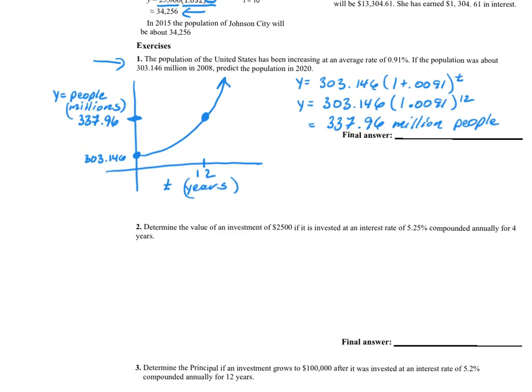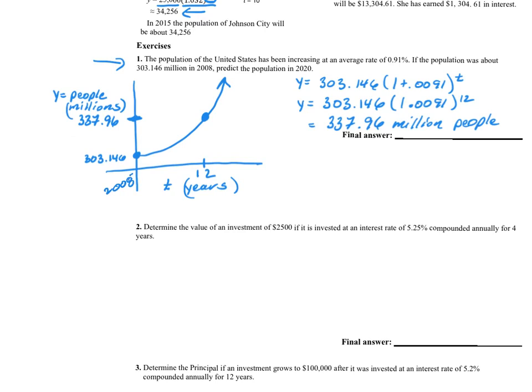So let's go. What I did here is I just took a look and found what the initial amount was. So on the graph here, our y-intercept, 303.146 million, is right here when time is 0 at 2008. So let's just dump that in there.